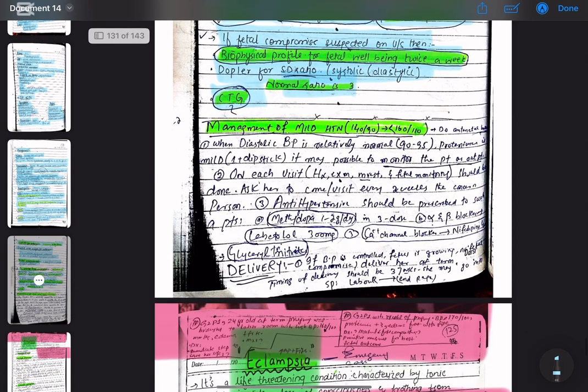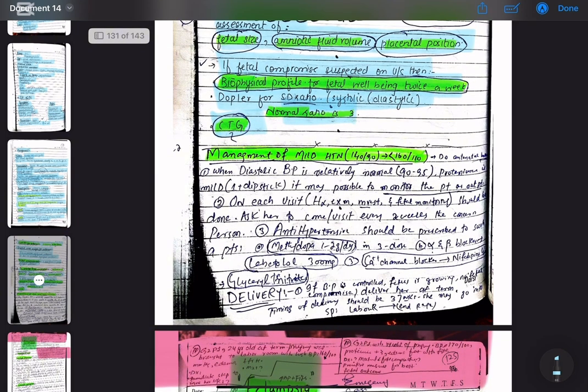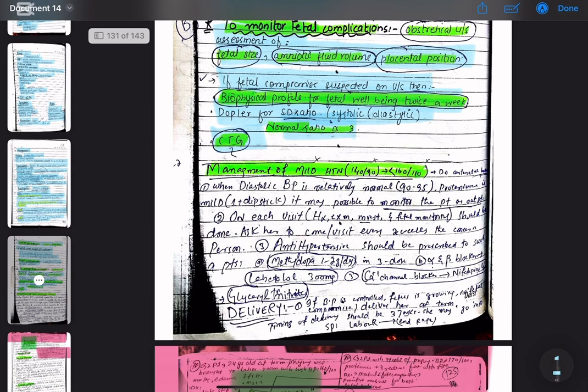Now, the management of mild hypertension, that is 140/90, is to do antenatal visits. When diastolic blood pressure is relatively normal and proteinuria is mild, that is 1 plus dipstick, then it may be possible to monitor the patient as an outpatient. On each visit, history, examination and fetal monitoring are done, and ask her to visit every 2 weeks.